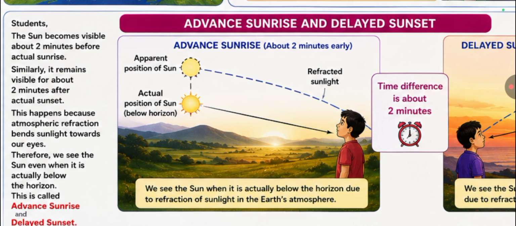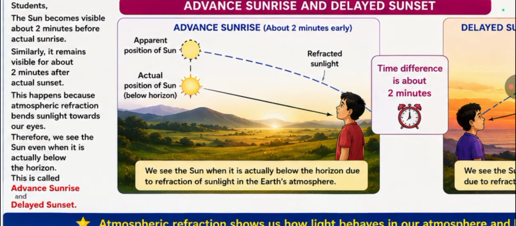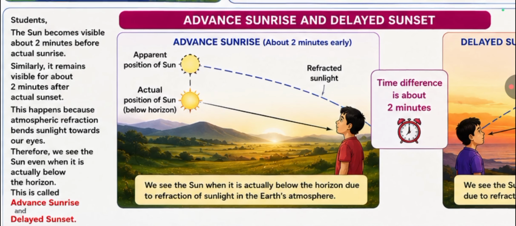This happens because atmospheric refraction bends sunlight towards our eyes. Therefore, we see the sun even when it is actually below the horizon. This is called advanced sunrise and delayed sunset.